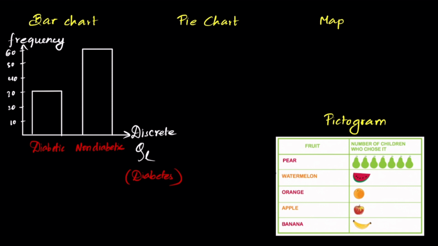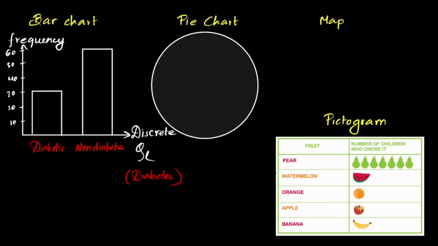Next up, you have pie chart. In pie chart, instead of using a bar, you would use a pie or a circle. Here also, the type of data used is going to be a discrete qualitative data. So let me give you an example. Let's say the part that I have represented in red represents diabetic people, and the part that I have not represented in red represents non-diabetic people.